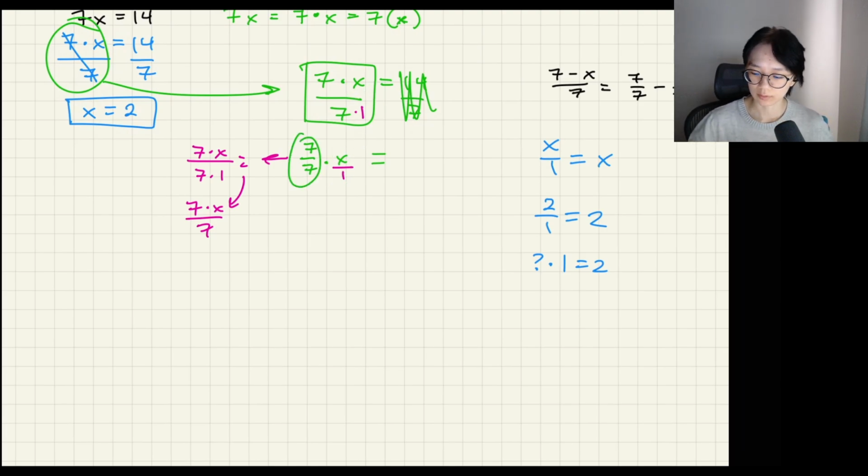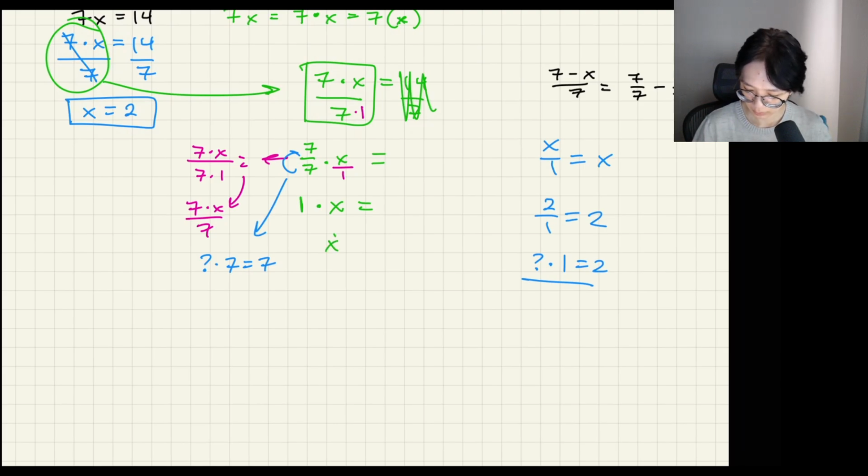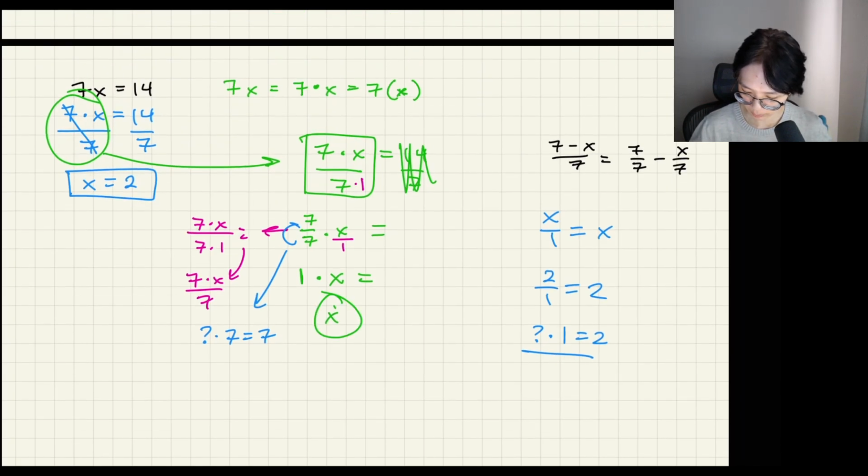7 over 7. How many times does 7 go into 7? Once. This is also asking, same thing as over here, what times 7 equals 7? 1. So we have 1 times x over 1, which is x. And then anything times 1 is itself, so just x. And so from here, that's how we get back.